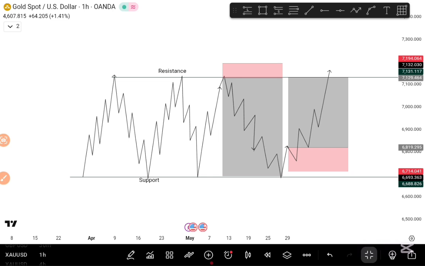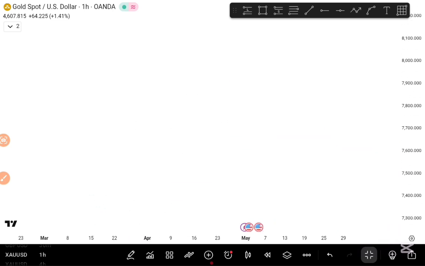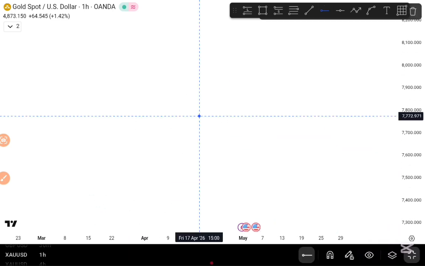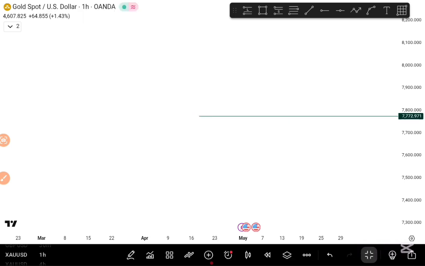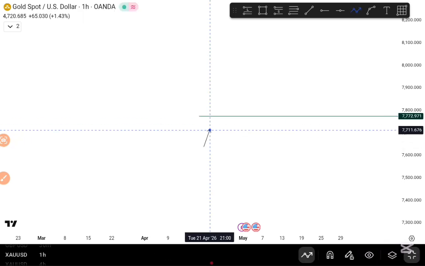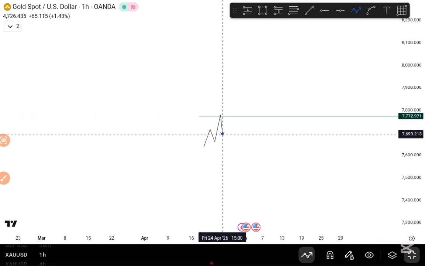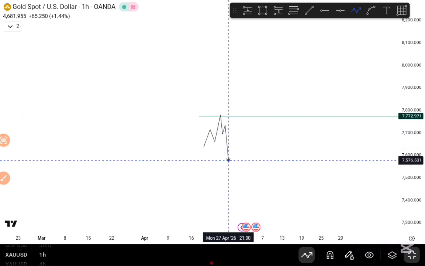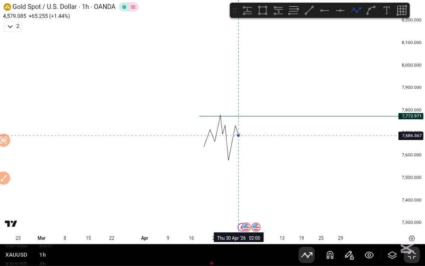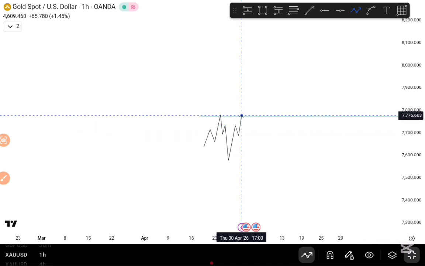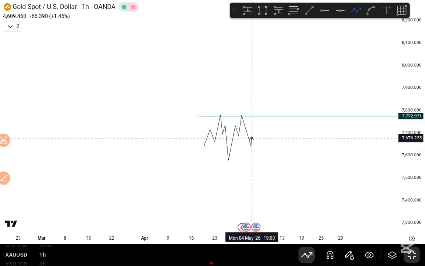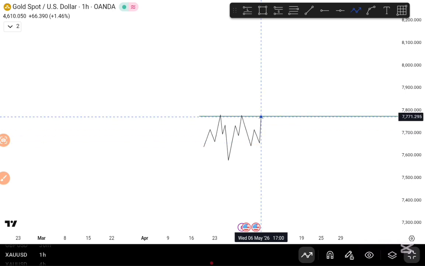Now there's something else we also see. Let's say this is our level. The market came, tapped this point, then reversed. The market did the same thing, tapped this point again, and reversed. The market came, did the same thing, tapped this point. Instead of tapping and reversing, the market broke through it.